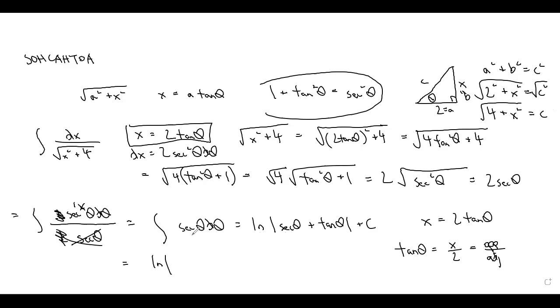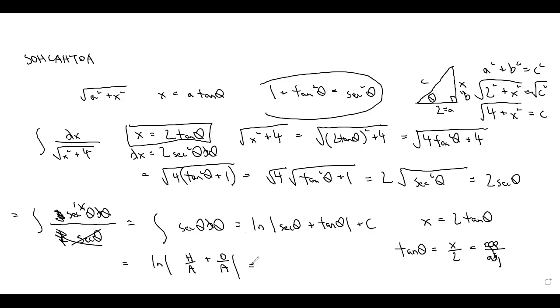So maybe for clarity, I should write that. This is a bad way to write it, but here I'll just write it. Hypotenuse over adjacent will be that part, plus, and then tan theta is opposite over adjacent. Not a great way to write it, but just so people don't get confused about where I'm getting everything from.